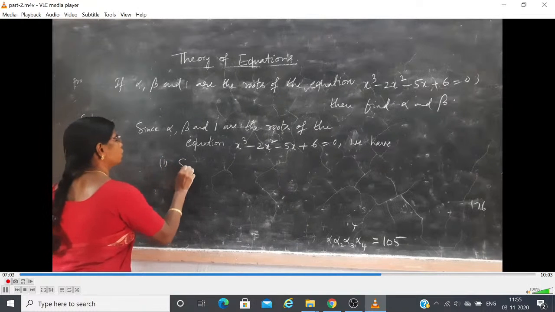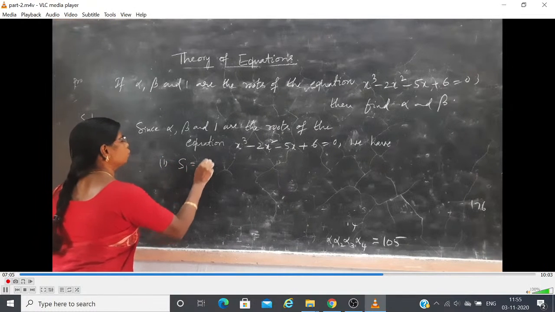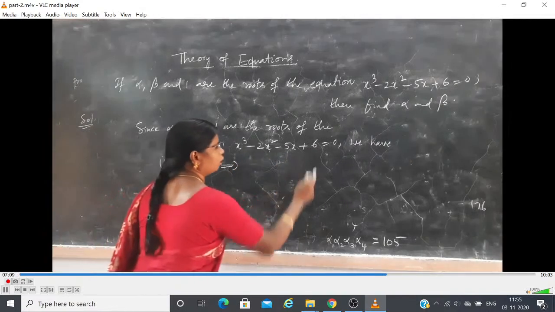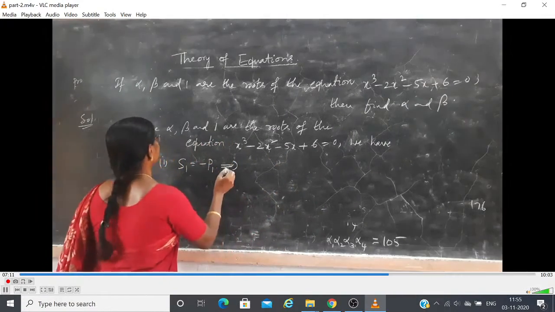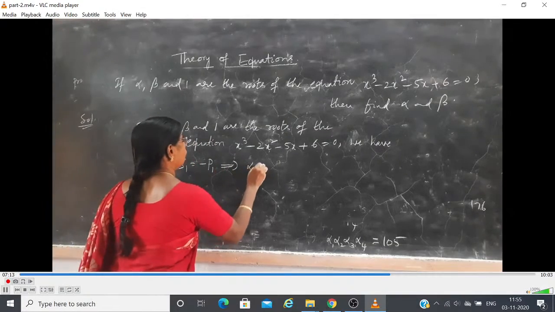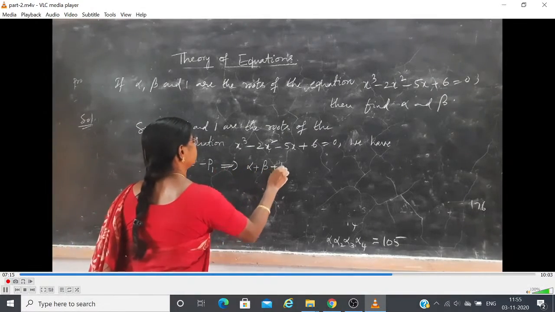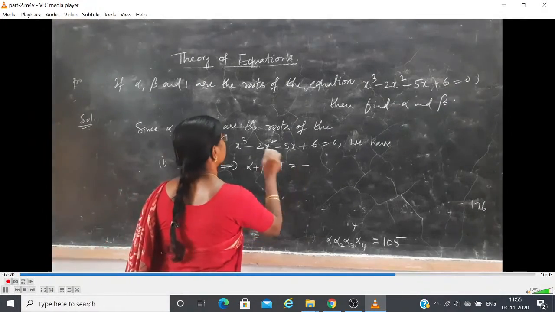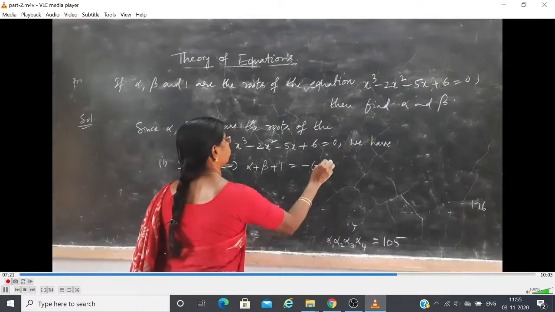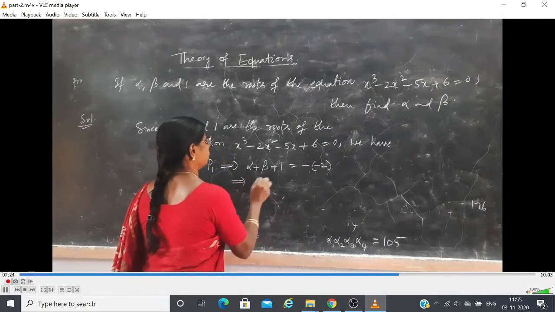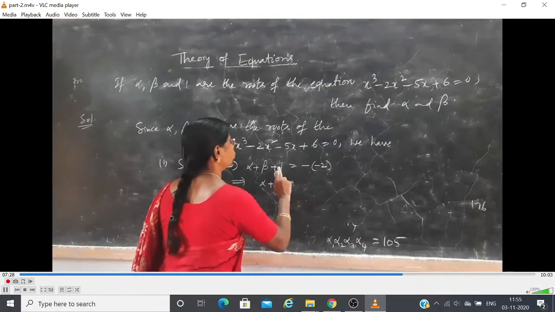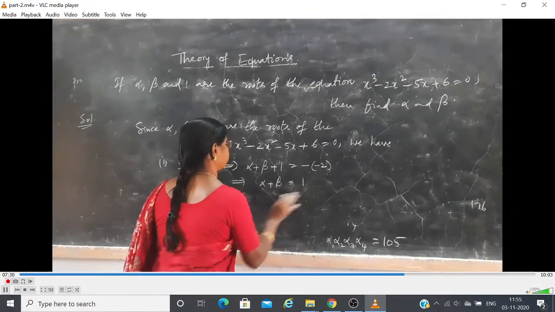S1 is equal to minus P1, implies, here P1, P2, P3 are as usual. S1 is the sum of all roots. Alpha plus beta plus 1 is equal to minus P1. Minus P1 is 2. This implies alpha plus beta is equal to 2 minus 1, that is 1.